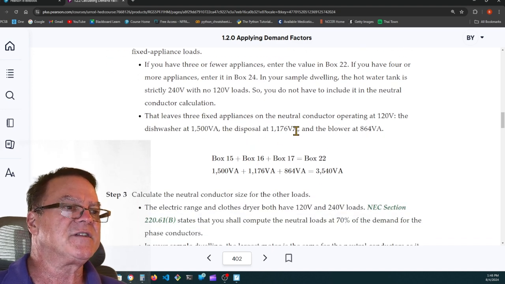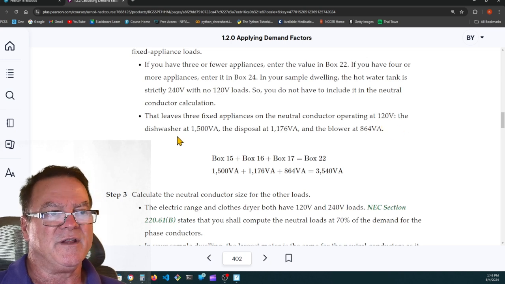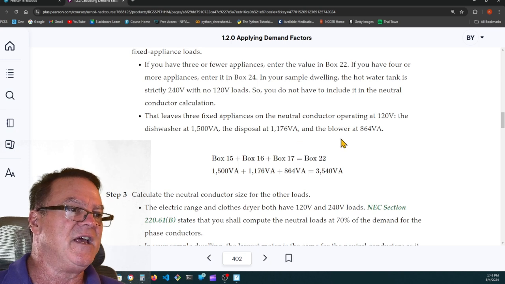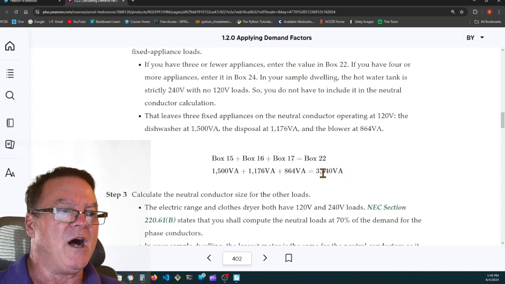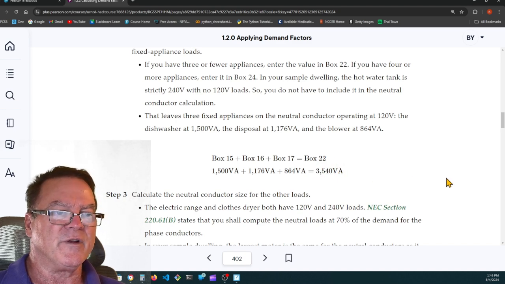That leaves 3 fixed appliances on the neutral conductor operating at 120 volts: the dishwasher at 1500 volt amps, the disposal at 1176, and the blower at 864. Those 3 added together is 3540, and that's 100%, so you put 3,540 volt amps in box 22.